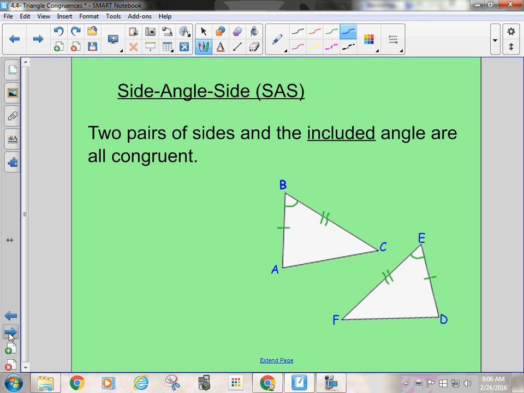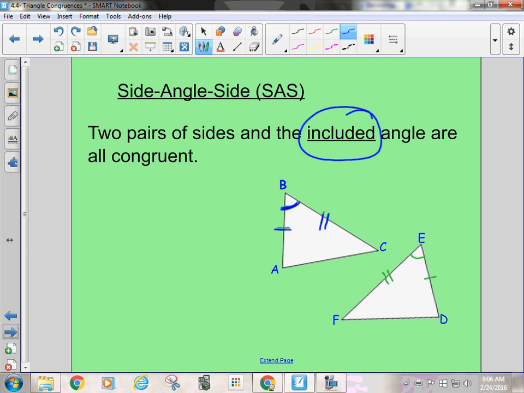Another shortcut we have is side, angle, side. 2 pairs of sides and the included angle. Included angle means it's between my 2 sides. So notice I have the side. My angle is in between my 2 sides. Okay, that's what included means.